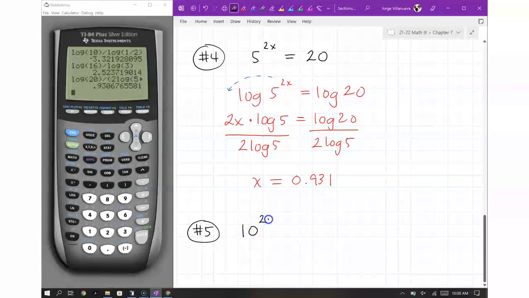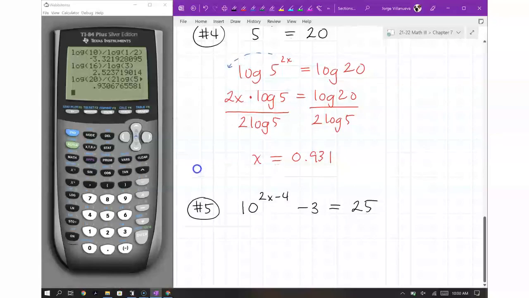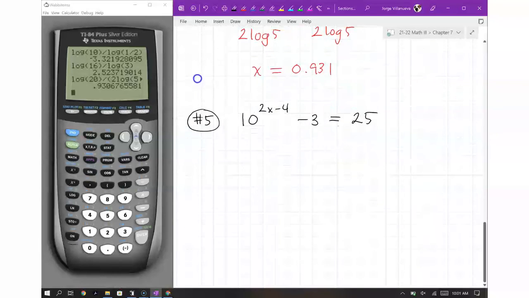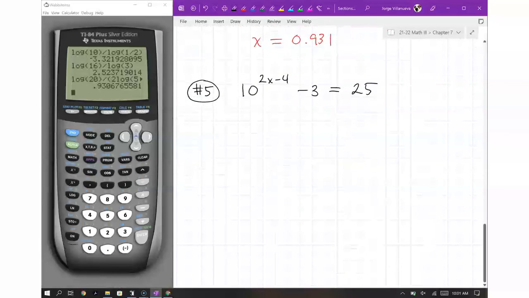Something like this would be considered advanced. So notice it's not just an x as a power, it's 2x minus 4, so it's actually a linear function as your power. There is addition and subtraction that you're going to have to do to try to get that 10 all by itself.